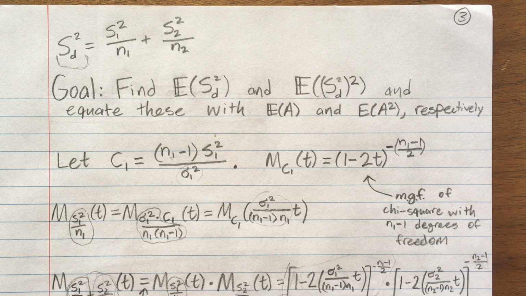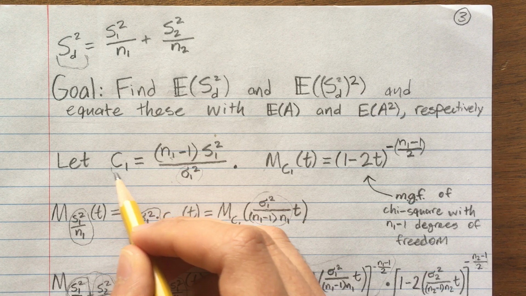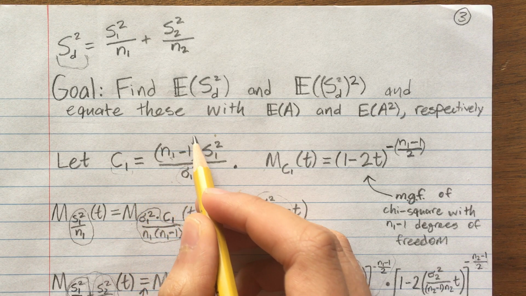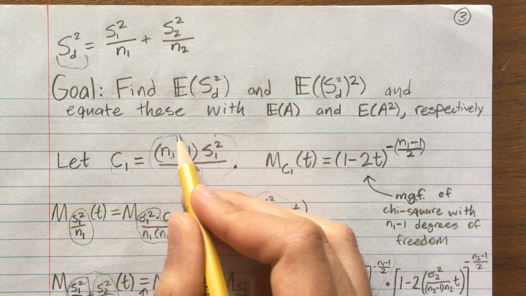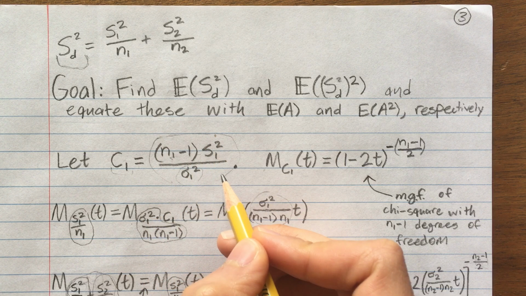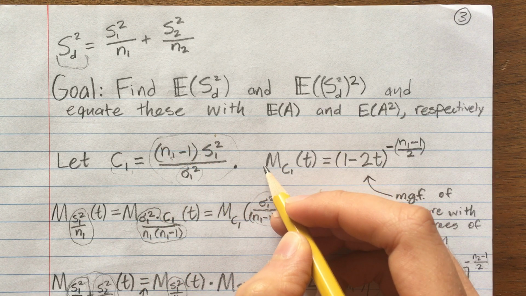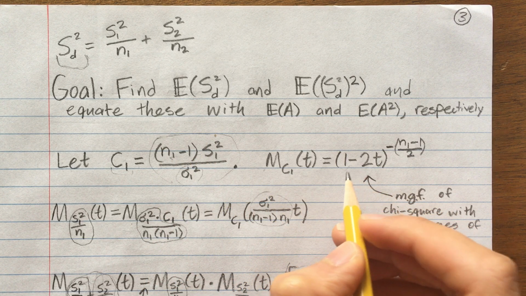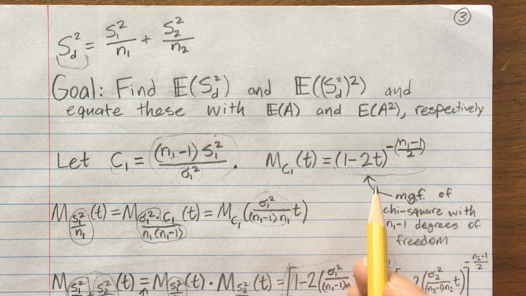We define C1 to be this scaled version of our sample variance for population 1. We know that this follows a chi-squared distribution, so the moment generating function of C1 is the moment generating function of a chi-squared distribution with n1 minus 1 degrees of freedom.